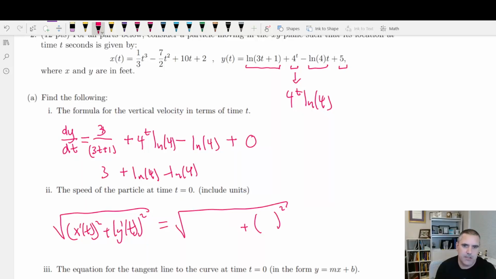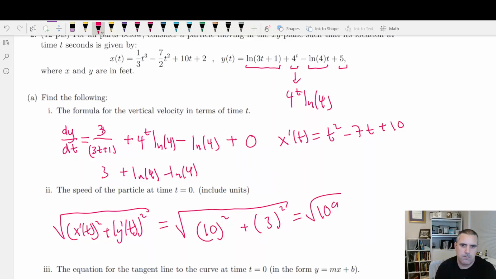Ah, I made it nice. So this is just 3. X prime we haven't computed yet, so let's do it now. X prime is t squared minus 7t plus 10, and we're plugging in 0, so it's just 10. So it's the square root of 109. Okay, feet per second. Because all the units were in feet and the time was in seconds.